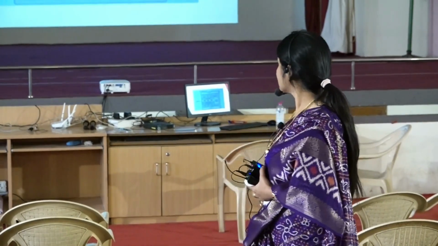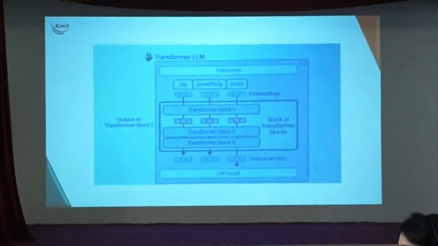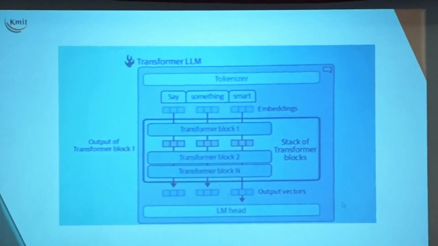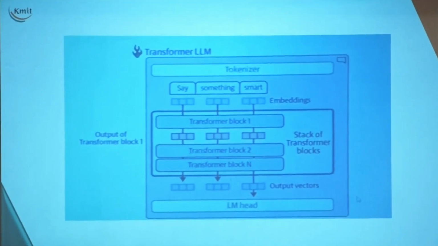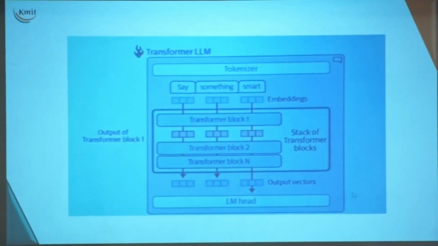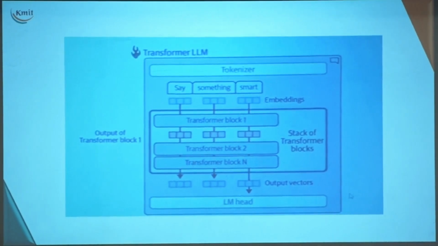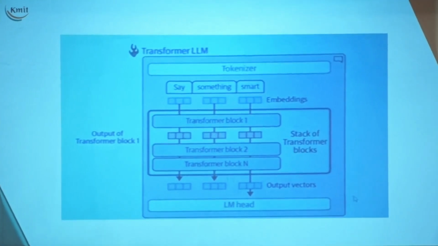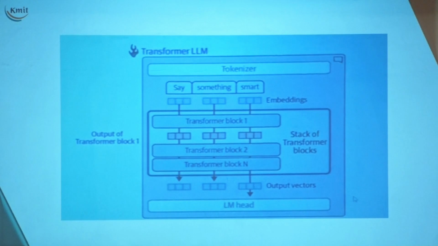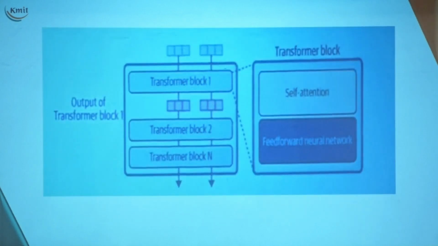Okay. Now this is again the transformer LLM. What do you see in this? Same. The tokenizer is happening. Word embeddings are generated. That would be given to one transformer block in which we again have multiple layers of encoders and multiple layers of decoders. Then that would be given to output vectors from where we generate the LM heads. Okay.